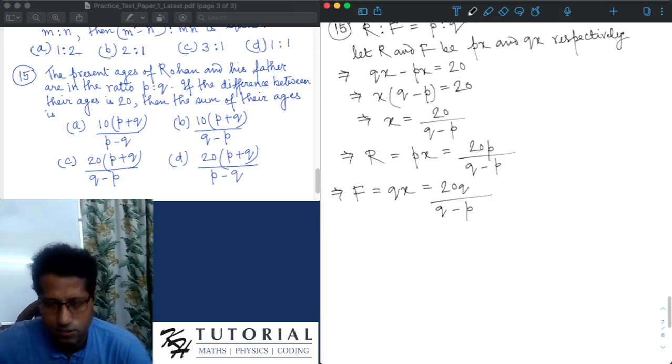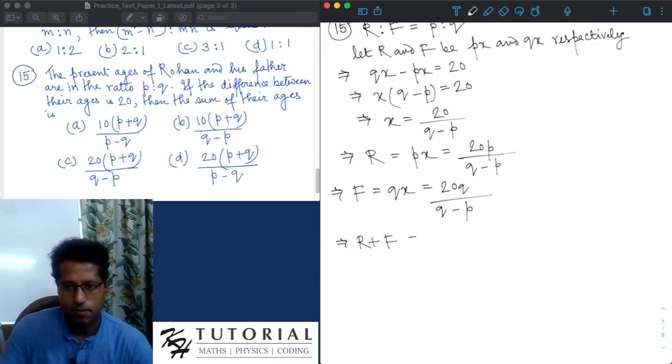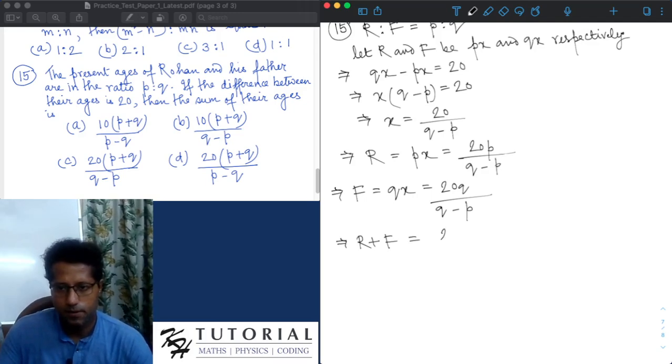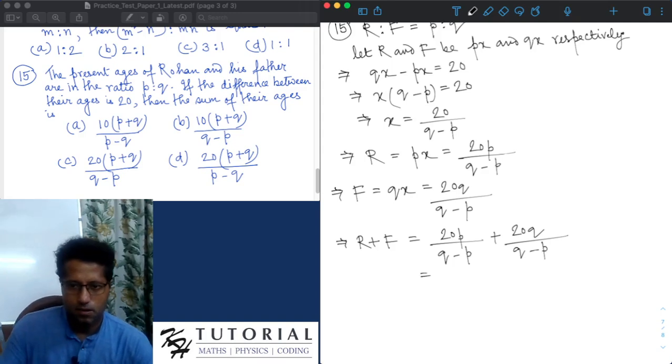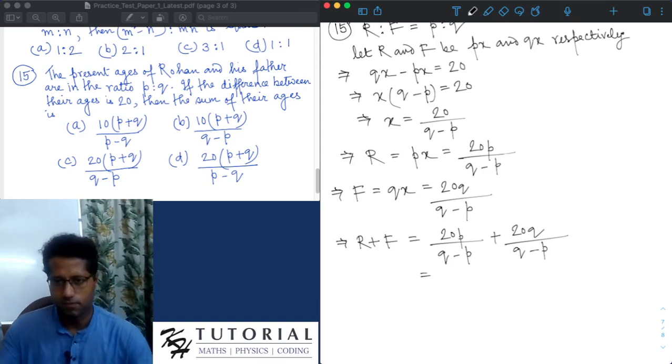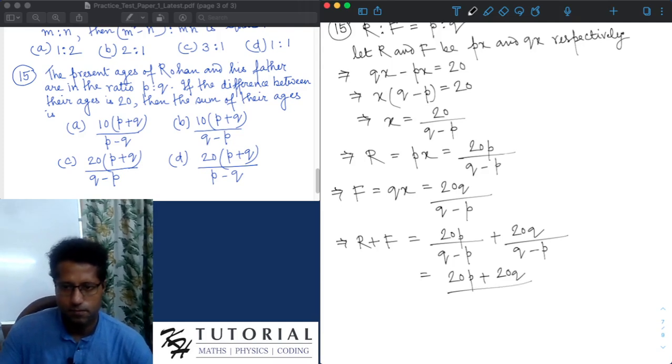So now we have to find the sum of their ages. This implies R plus F equals 20p divided by q minus p plus 20q divided by q minus p. The denominators are the same, so this will be 20p plus 20q divided by q minus p.